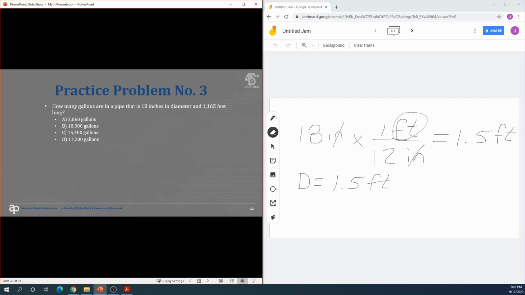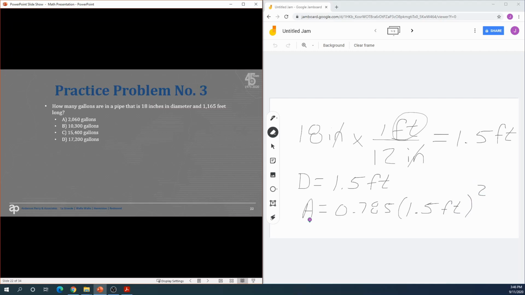Okay, now we have our diameter in feet and our length in feet. So we're going to try and figure out the volume. So a length of pipe is the same thing as the volume of a cylinder. So we'll start by calculating the area. So area is equal to 0.785 times our diameter, 1.5 feet, squared.